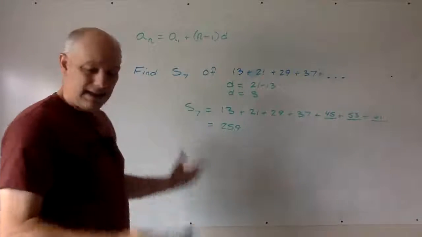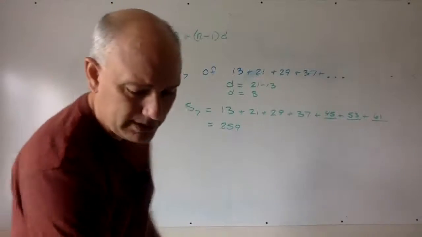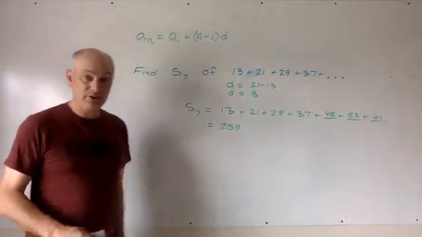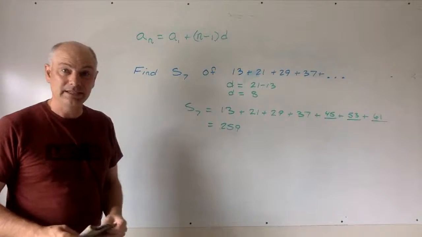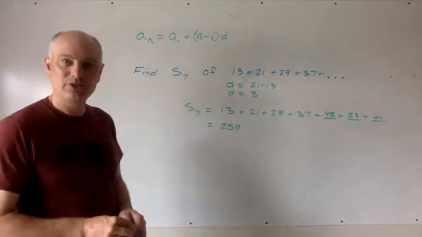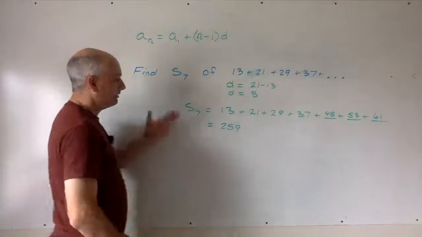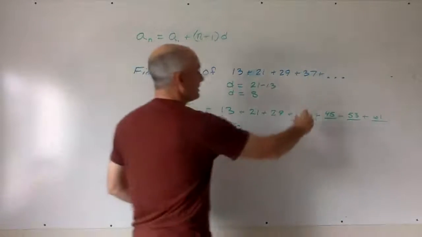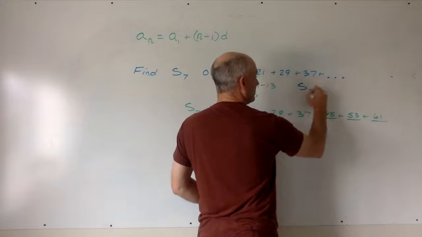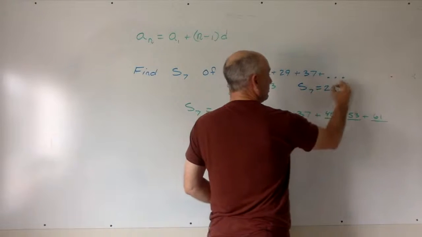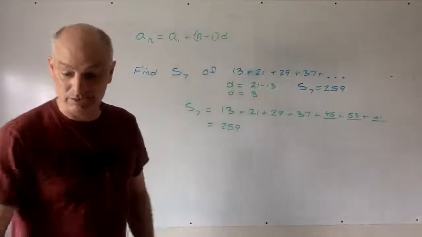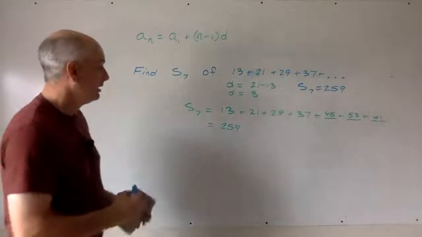So what is somewhat unique about an arithmetic series is that some different things occur. Now, I'm going to go ahead and write this, that we know that S sub 7 is equal to 259. We've found that here, assuming I've done my math correct and typed it in correctly.